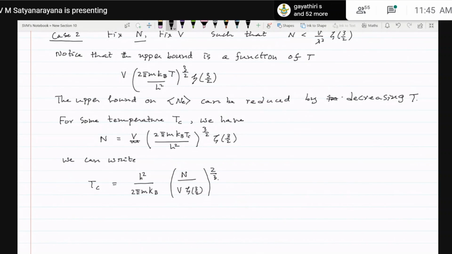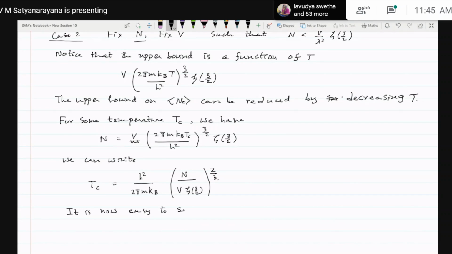This is the temperature at which exactly the upper bound equals the number of particles. Now it is easy to see.